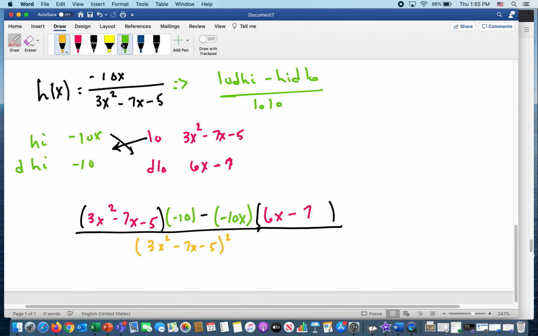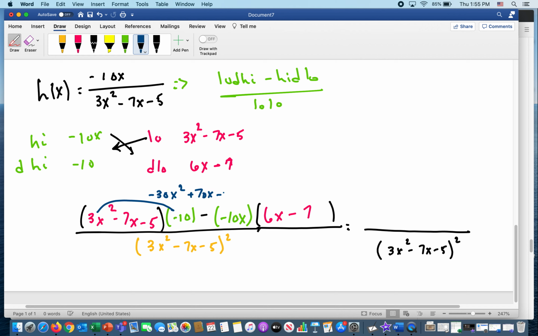So there is some simplifying we can do. We'll do that real quick here. I'm going to have the denominator 3x squared minus 7x minus 5, that quantity squared. And I'm just going to write above here: 3 times negative 10, negative 30x squared plus 70x plus 50.